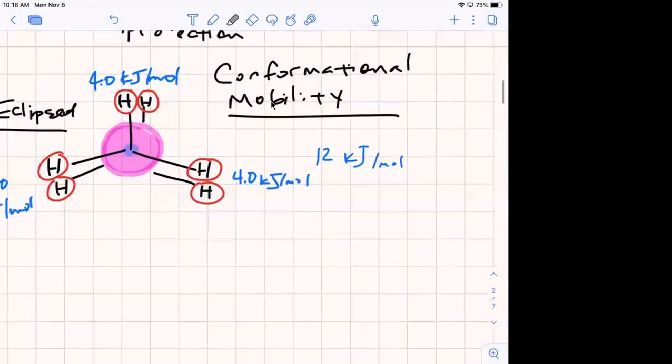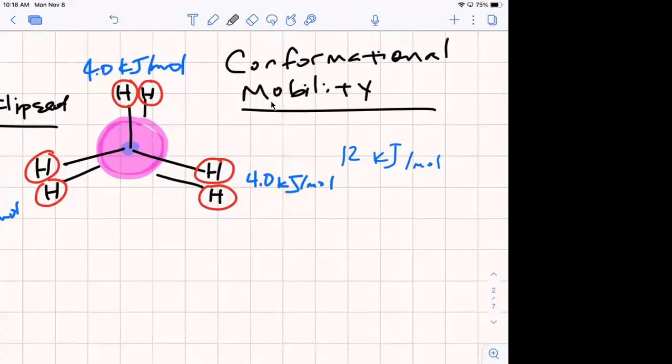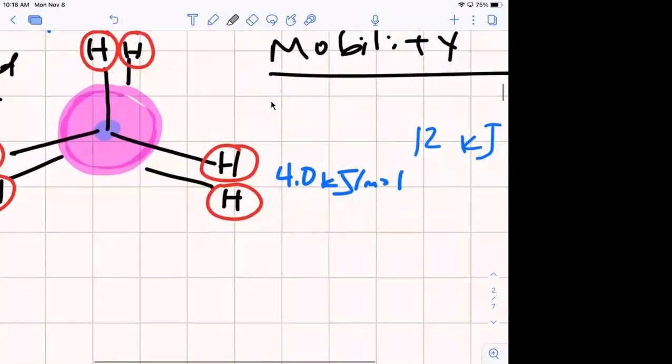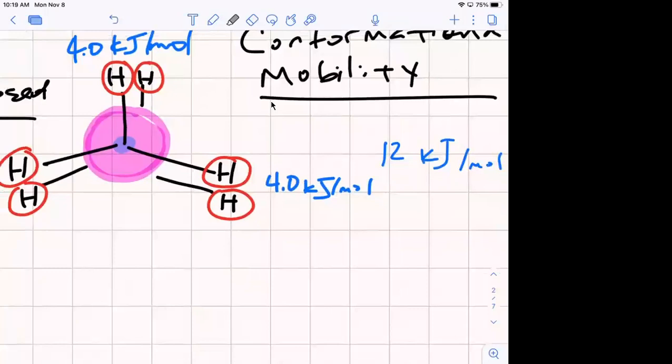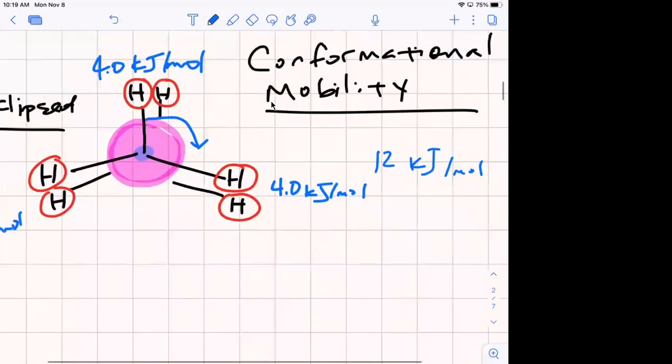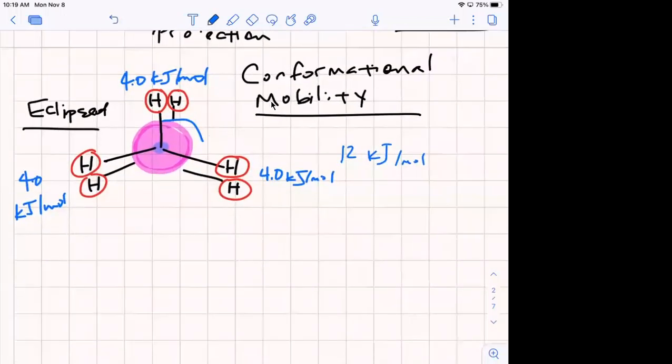So normally, when I want to draw the other conformer, I do it by only rotating one of the carbons. So I'm either going to rotate the front or the back. What I want to do is rotate the front carbon. I'm going to rotate in this direction. Let me change the color of that.